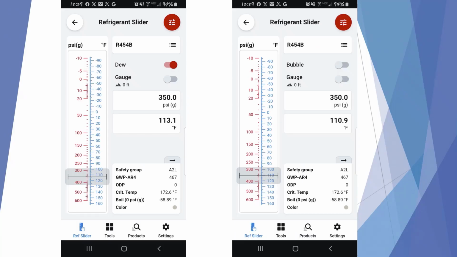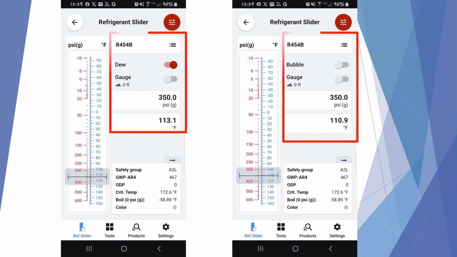Looking at R454B again on our refrigerant slider, we notice that our dew point and our bubble point at 350 psig is 113.1 on our dew point and 110.9 on our bubble point.